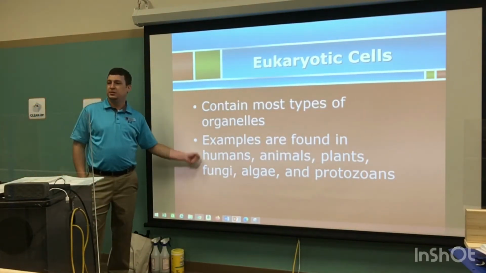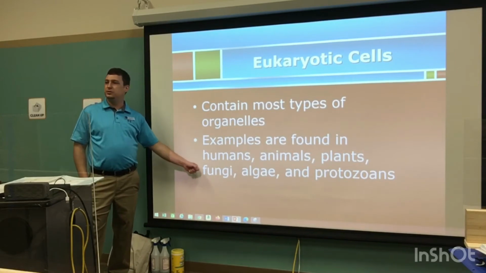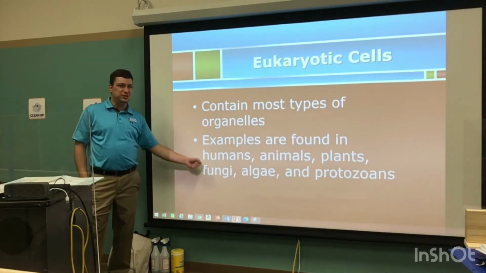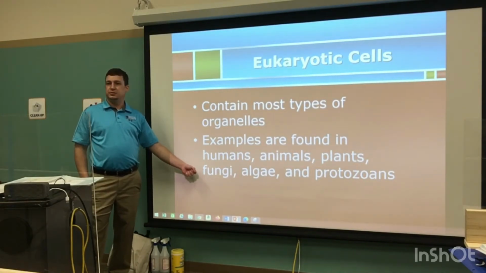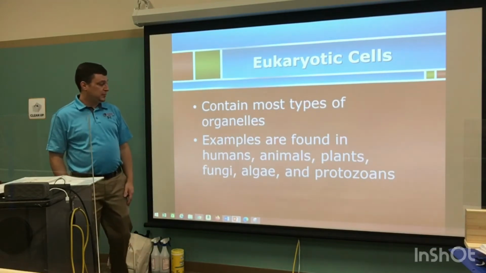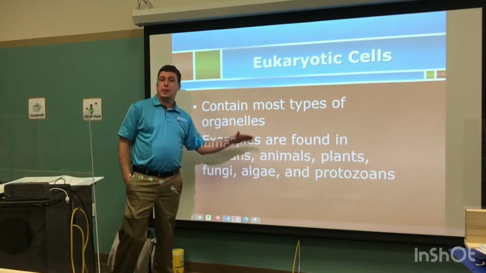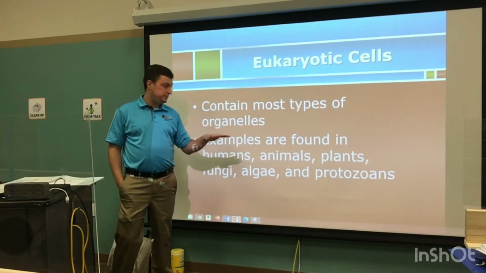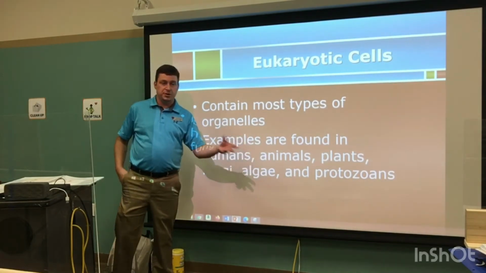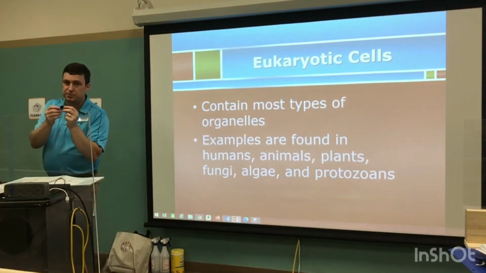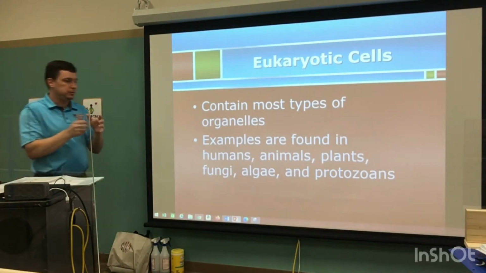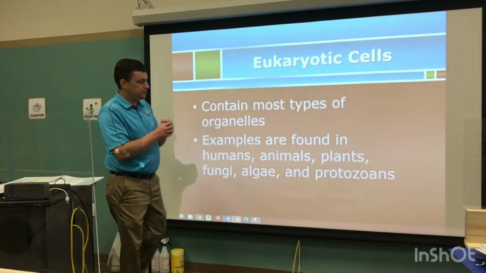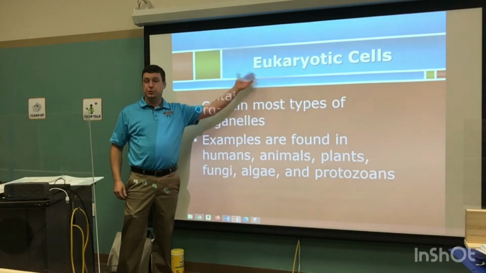So molds, mildew, mushrooms. Also algae, like the pond scum you might find on a pond. And even protozoans. They're little one-celled organisms that live and float around in water. So all those are made of eukaryotic cells.